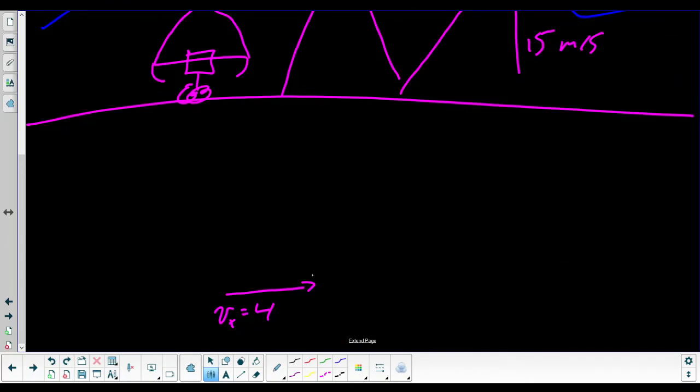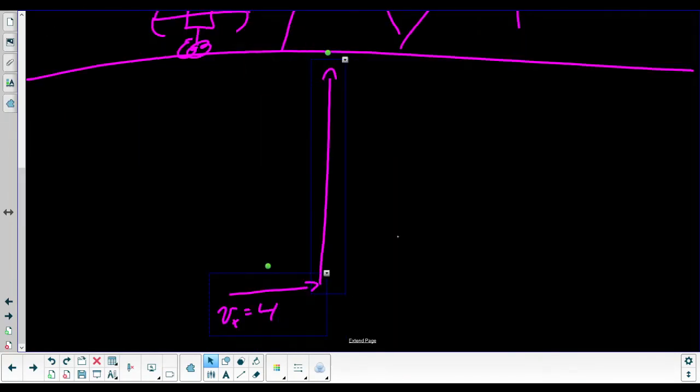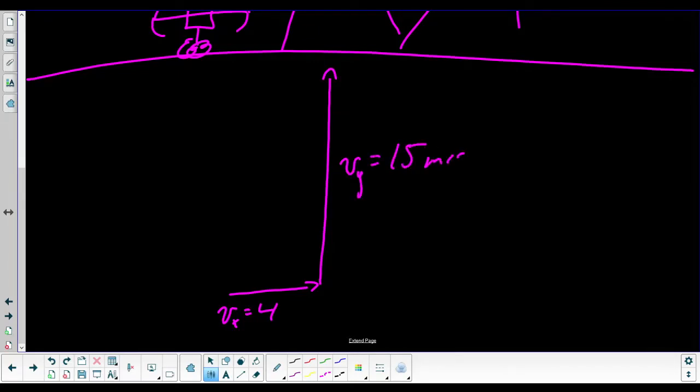Then we also have a 15 meter per second y component to our velocity. V in the y direction equals 15 meters per second. We want to know, what is our total velocity? How fast is the boat going?